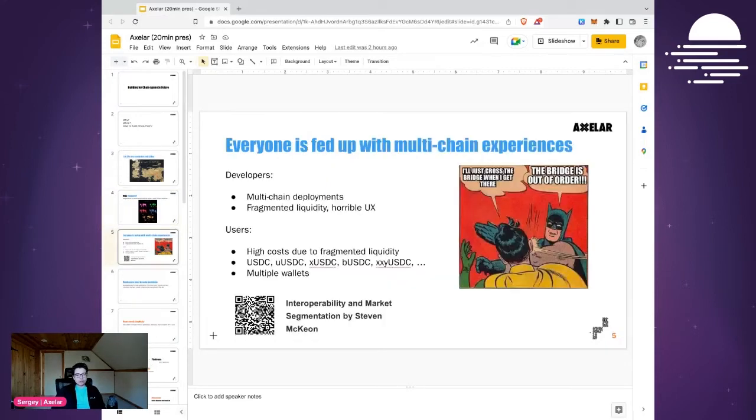The unfortunate side effect of a lot of the multi-chain experiences is that both developers and users are constantly getting tired and fed up with all the complicated experiences they have to interact with, right? So if you're a developer, you have to constantly think about what does my deployment look like? Which chain do I go and take my deployment on?